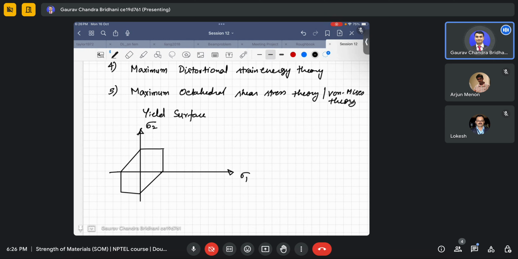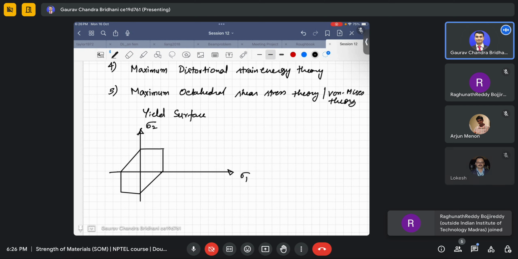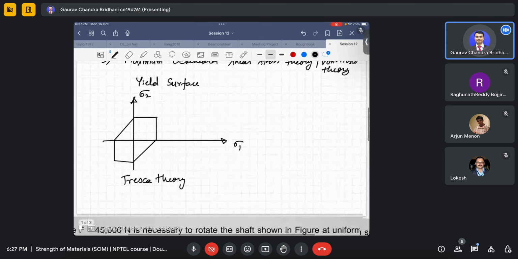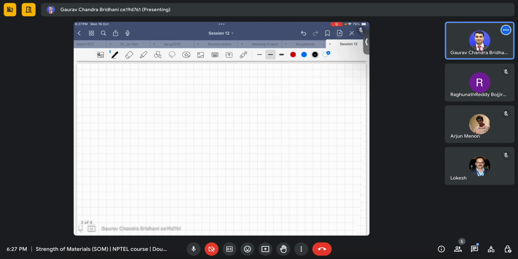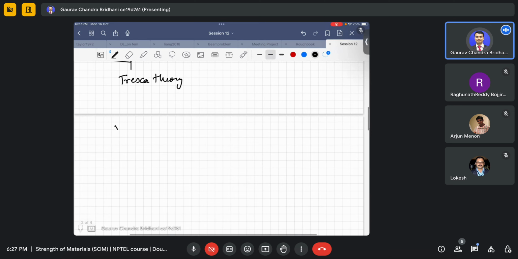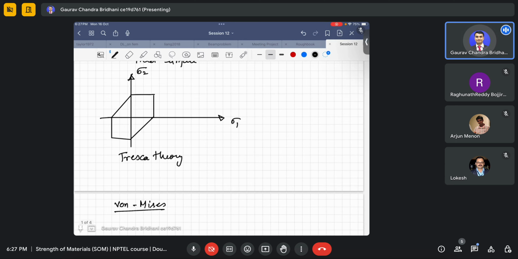This is the envelope, the yield surface for Tresca theory. Similarly for von Mises, I will draw over this only.